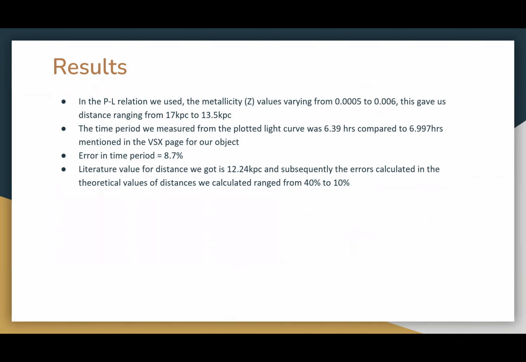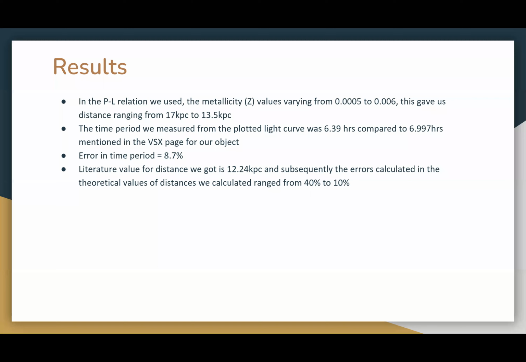The time period we measured was 6.39 hours compared to the 6.997 hours mentioned on the VSX page of our object, so the error in that is around 8.7%. The literature value for distance was around 12.24 kiloparsecs. For the different values we calculated according to the different metallicity values, the error ranged from 40 to 10%.